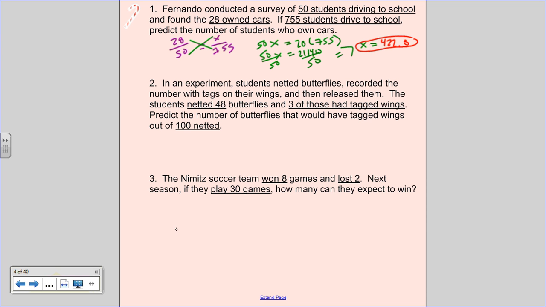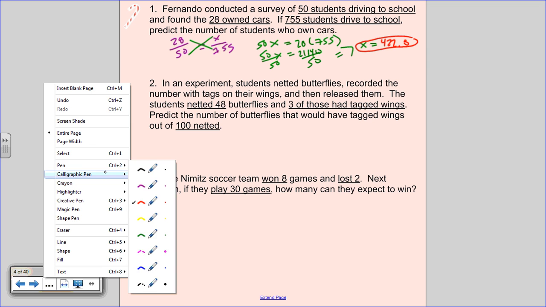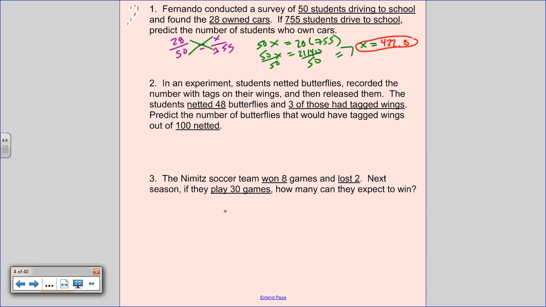So the proportion we could set up is, we know that in 10 games, they won 8 out of 10. Now our job is to figure out x out of 30.